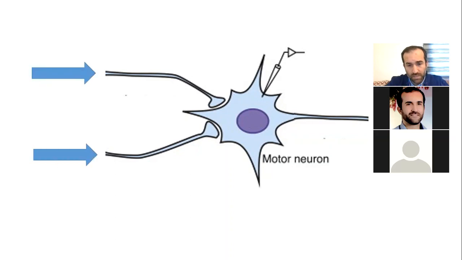But when both messages are transmitted together to this center, they will give an efferent message that will lead to eye blinking for this girl.